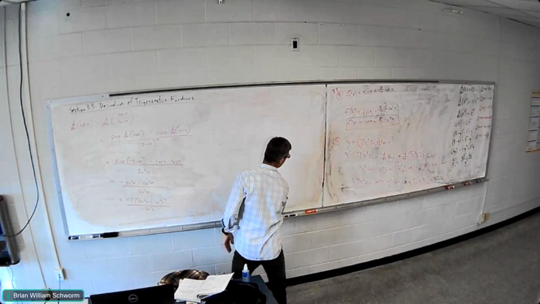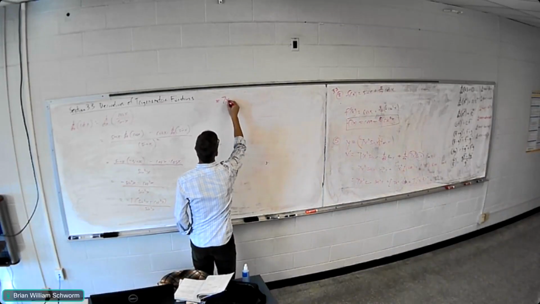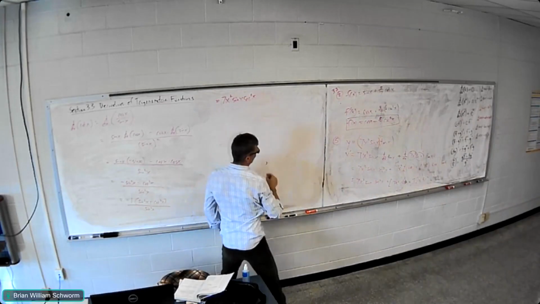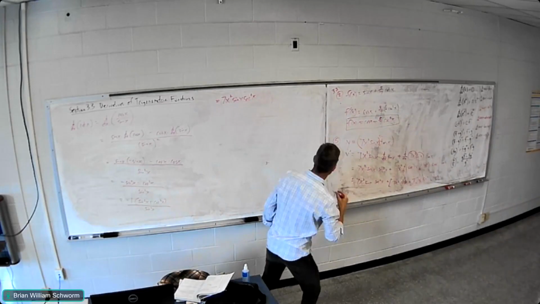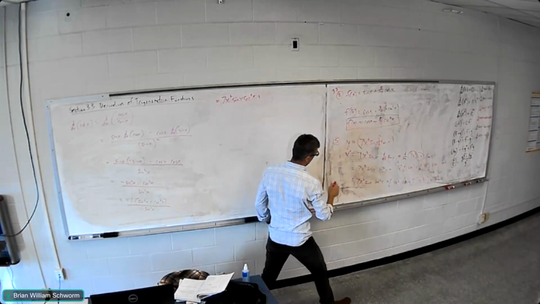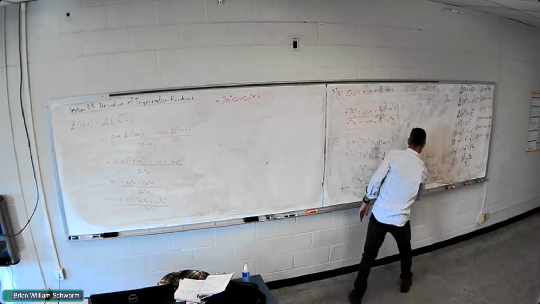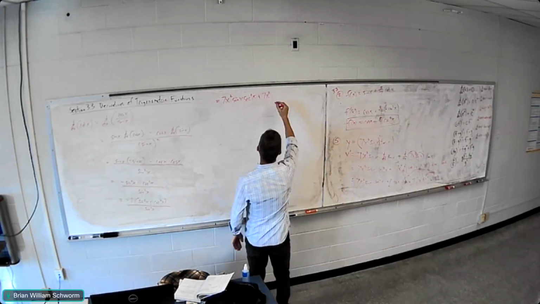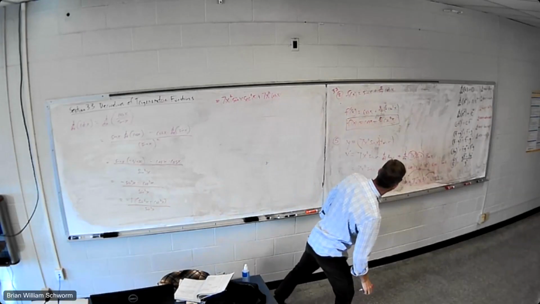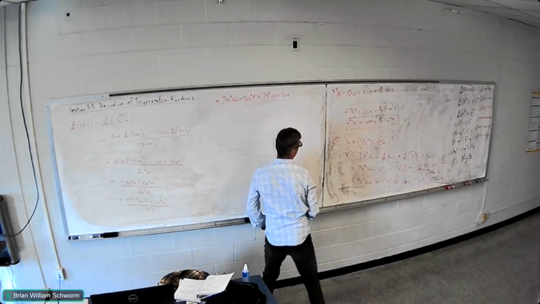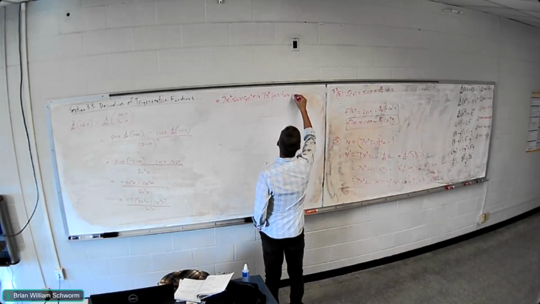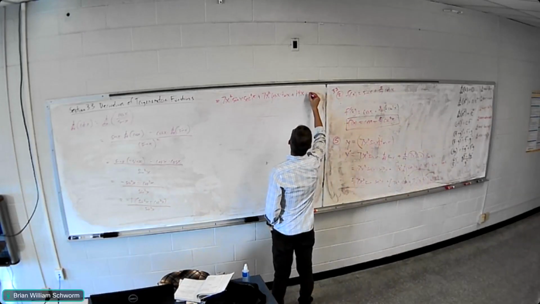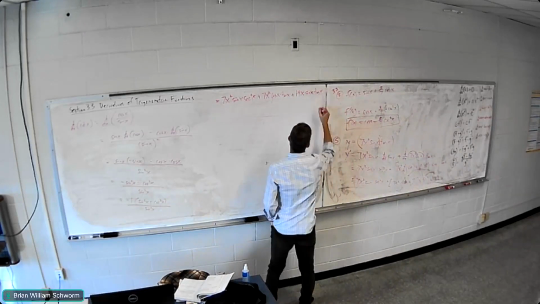I'll move up here to finish it up. 7x squared sine of x secant squared of x plus, if I distribute this tangent, 7x squared cosine of x plus tangent of x plus 14, because sometimes you give me 14x sine of x times tangent of x.